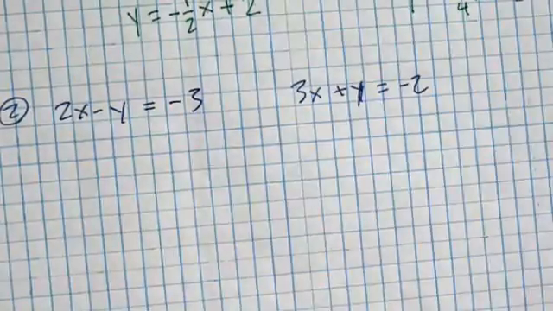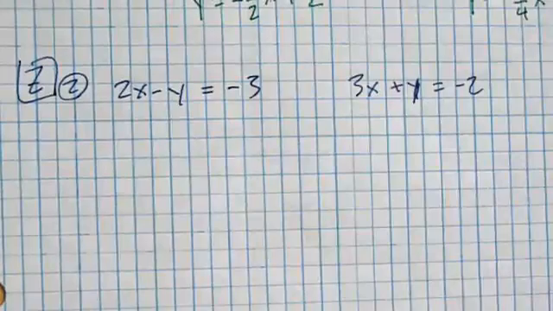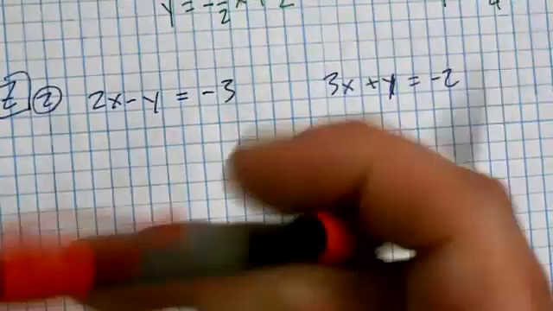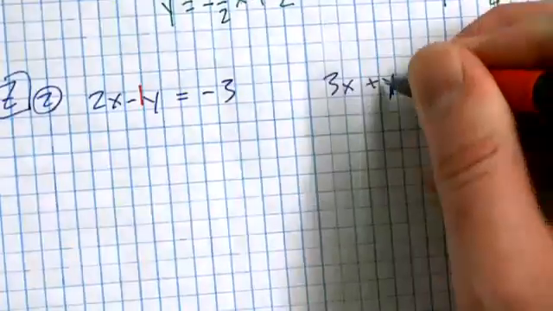Okay. Thanks for your patience. Okay, I like to put 1s in front of my variables that don't have them. I'm going to put a 1 in front of this y and this y.